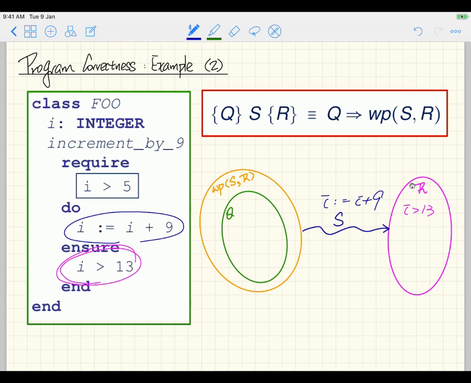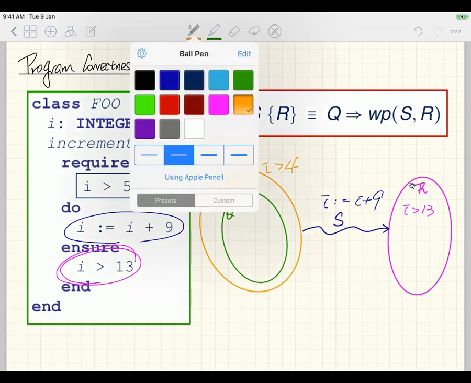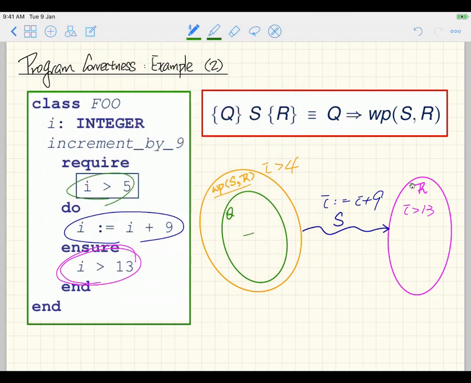Let's say for now, we know that already. It's going to be simply just I is larger than 4, okay? And the actual precondition we have is I larger than 5. And we agree that I larger than 5 is no weaker than that, which means it's stronger, okay? So this is correct, okay?